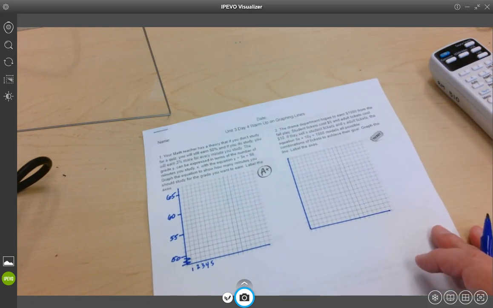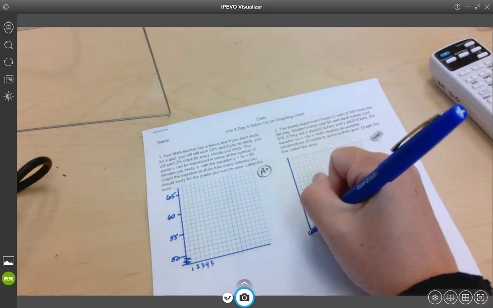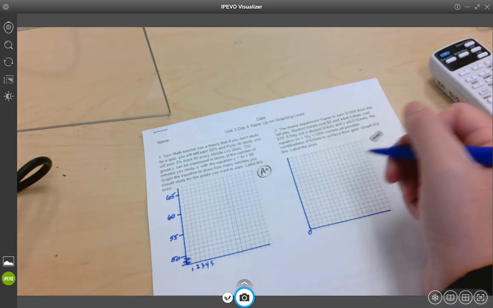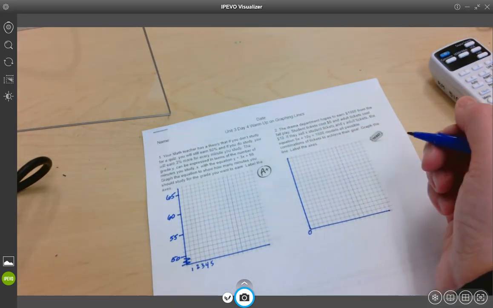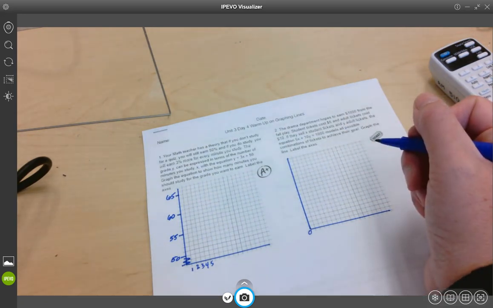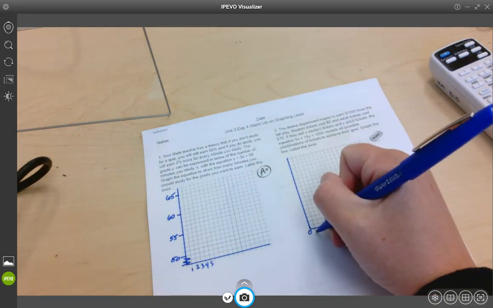For this one, I believe we are going to want to count by maybe tens or so. So if this is 0, then maybe we can count by 5s. Now let's just count by 10s.